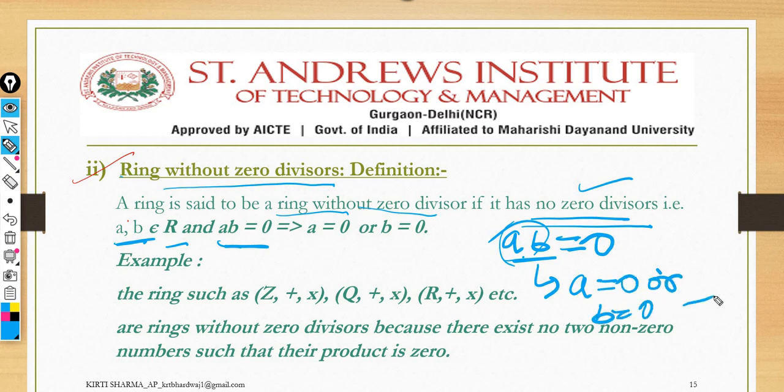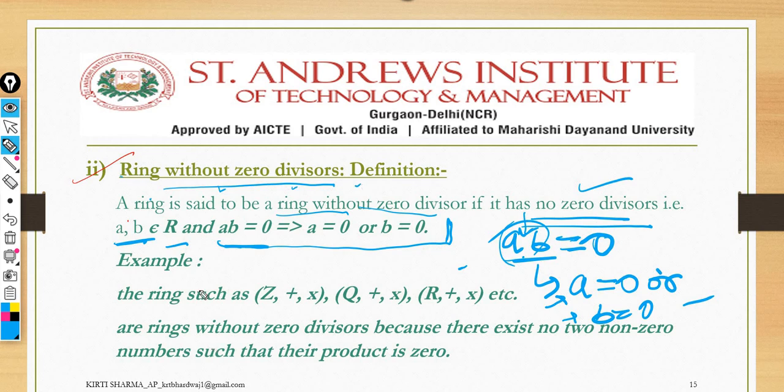It's very simple. In mathematics also, if you are applying an operation on two elements and getting the answer as 0, it is compulsory that either A is 0 or B is 0, then you can say AB is 0, right? If you are getting this kind of situation, it has no zero divisors, then you can say that it's a ring without zero divisors.